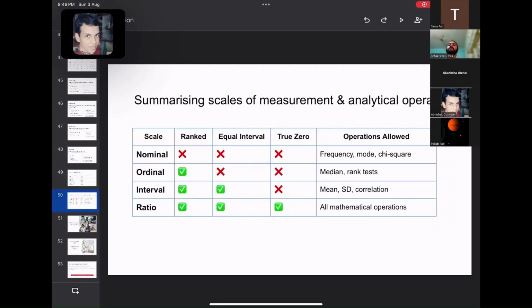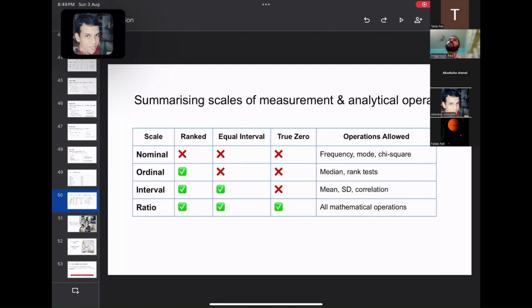So with that, we'll finally summarize the scales of measurement and some of the analytical operations. You might just take a look at the analytical operations, but as we go deeper into these classes of biostatistics, you will understand them separately and their applications too. So the scales again: nominal scales cannot be ranked.